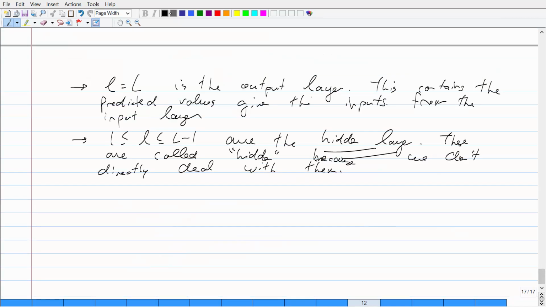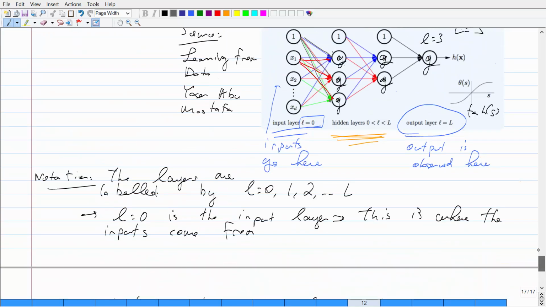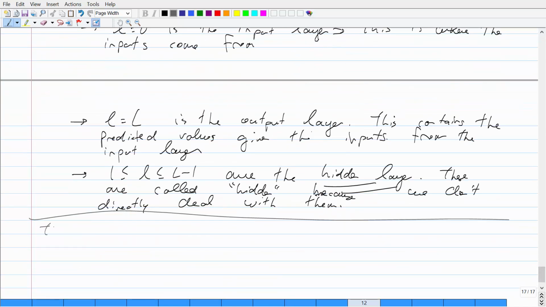Okay? All right. So with each layer, there's a certain number of nodes or a certain amount of neurons per layer. The nodes are labeled by 0, 1, 2, etc. The 0th node is the bias unit.